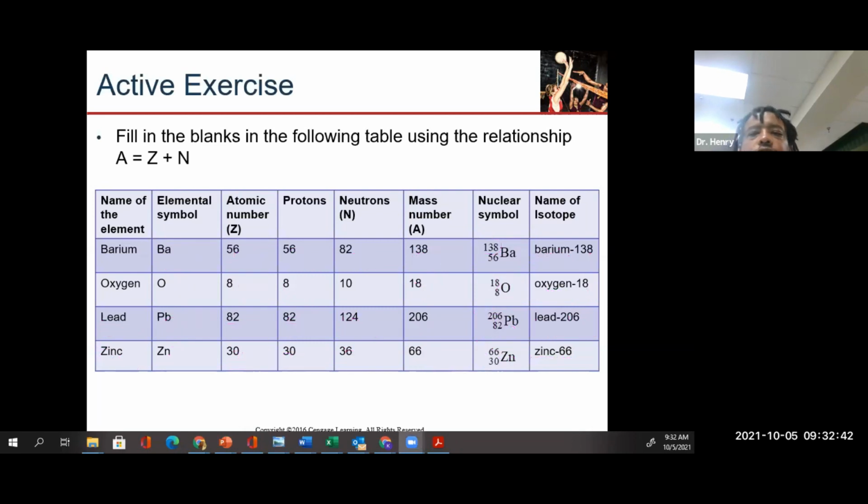Okay, now knowing what you know at this point, which parts of Dalton's atomic theory were disproved by what we found out about the atom? Can it be something smaller than the atom itself?